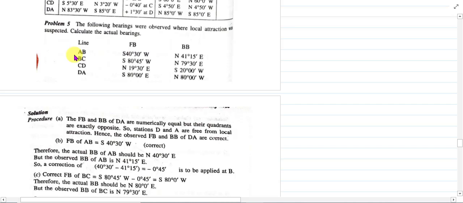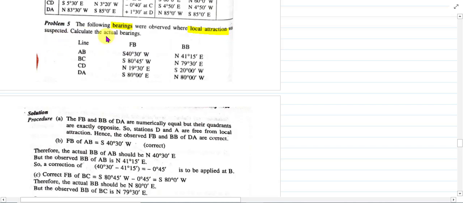So we already discussed two problems, and we are just finding the patterns between these numericals so that we can easily solve this problem number 5 also. So first of all, you have to read this problem and highlight the important points. The following bearings, again there is only a single bearing. The following bearings were observed where local attraction was suspected.